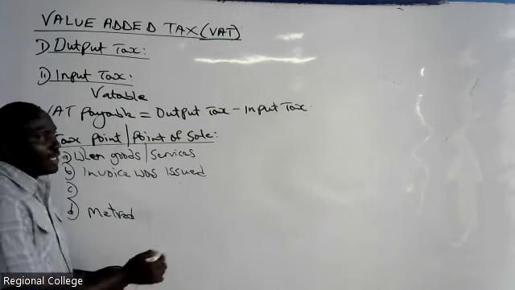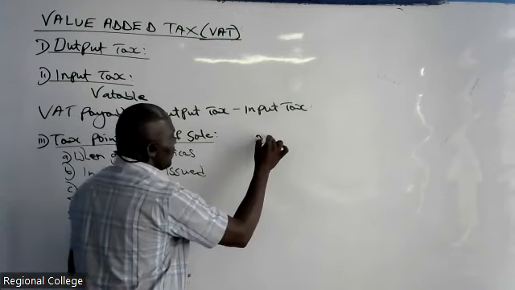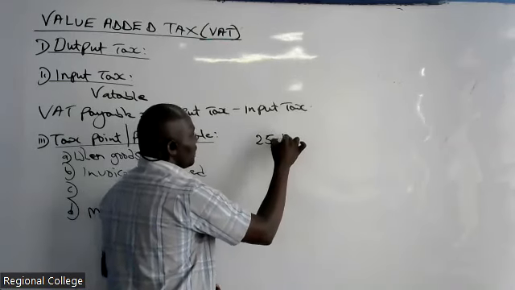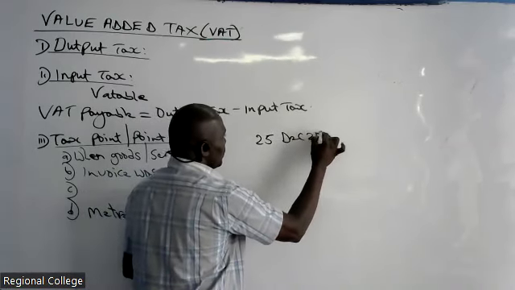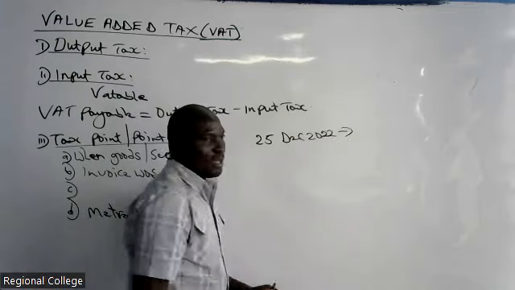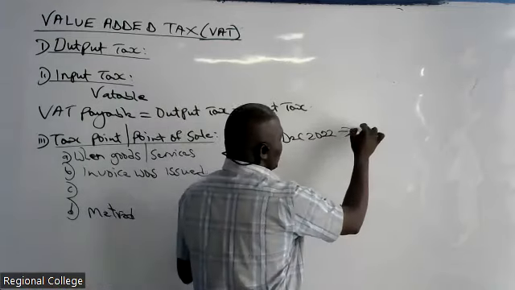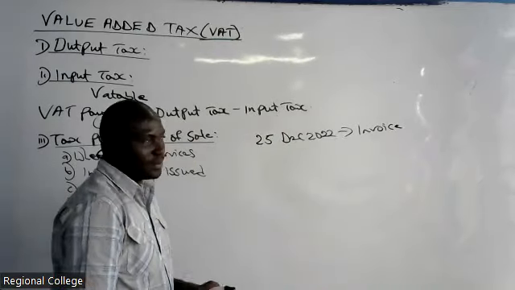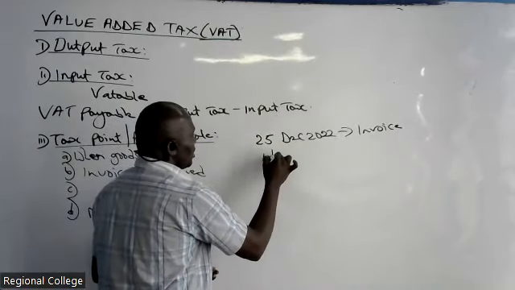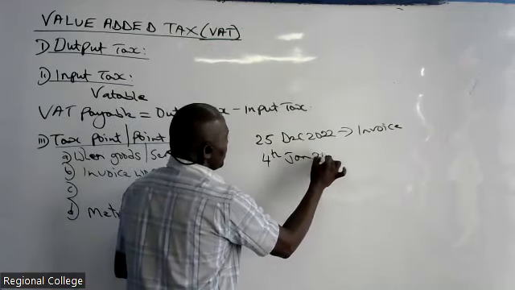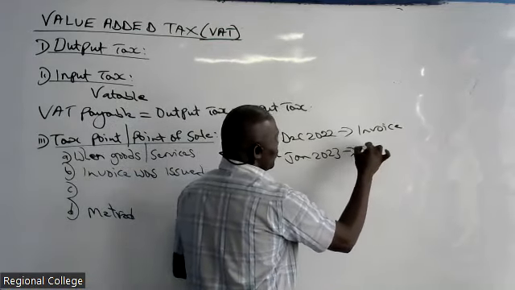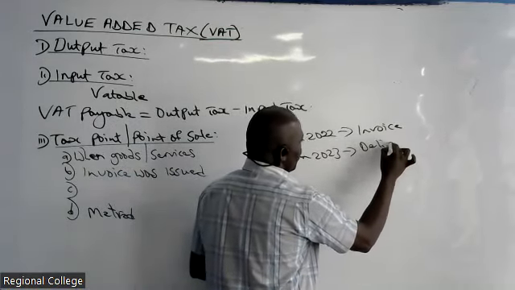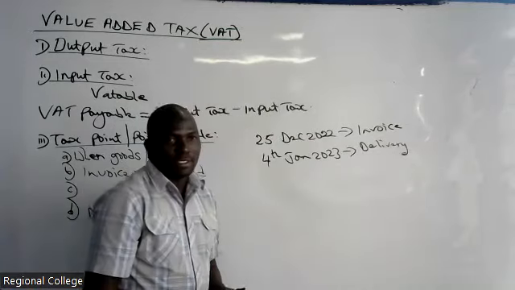My point is this. Unapata situation kama hii, maybe on 25th of the 2022, invoice was issued. Then maybe on 4th of Jan 2023, goods were delivered. Right?